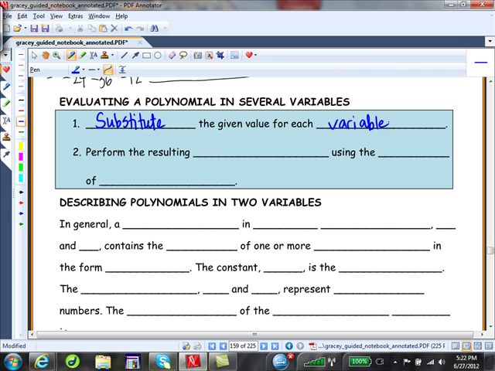Perform the resulting computation using your favorite order of operations. Alright, so we did an example for our warm-up of that, and you'll have more practice on the homework. So now, describing polynomials in two variables.